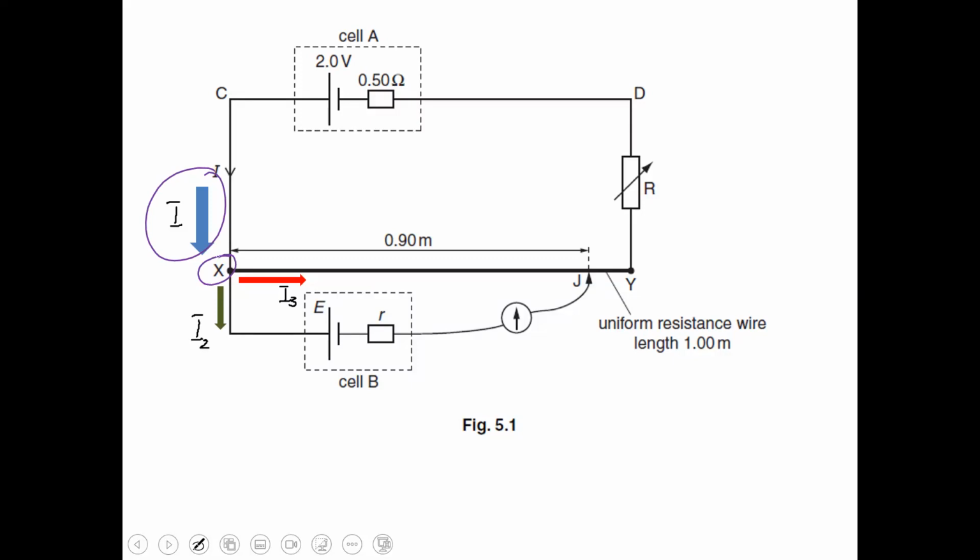When current reaches the position X, the current will be divided into I2 and I3. Why is current divided? Because it's a parallel loop. So whenever there is a slider, there is division of current.